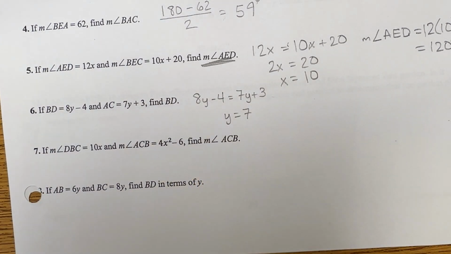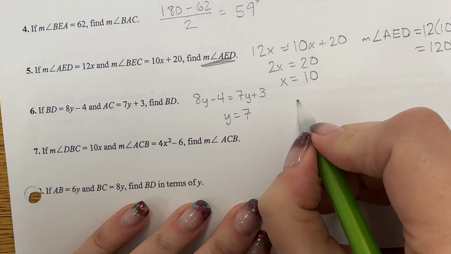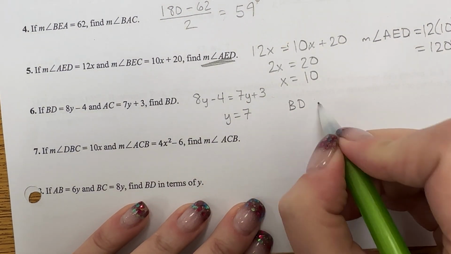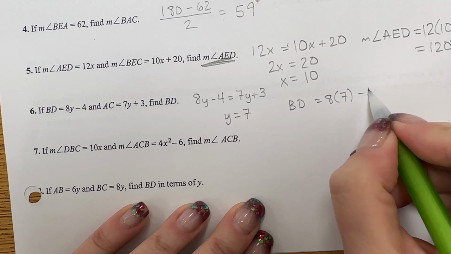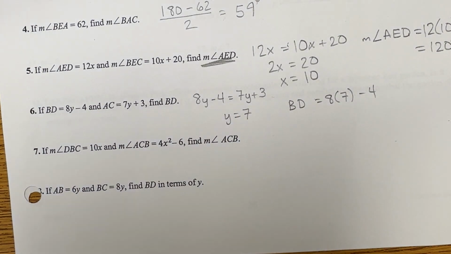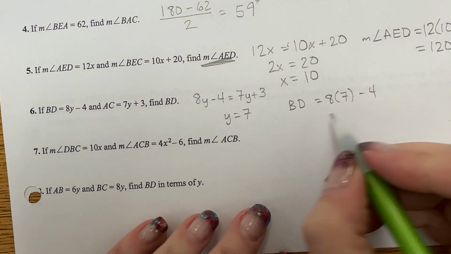Oh, but that's not what it asked for. It asked for BD. Well, I know BD is equal to 8 times 7 minus 4. I'm just going to put it in my calculator in case I'm not 100% sure. That'll also give you just a moment to make sure your math is right. Oh, it's 52.